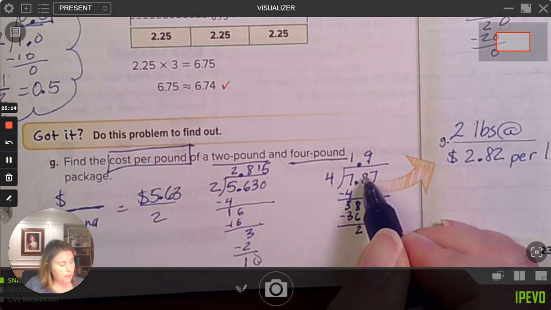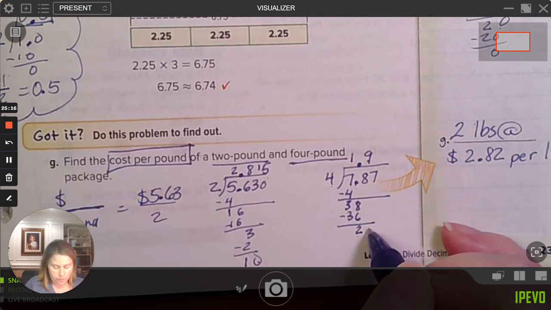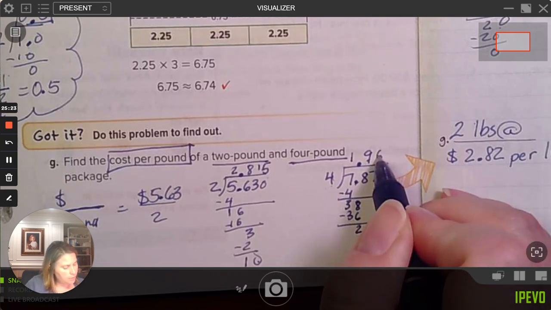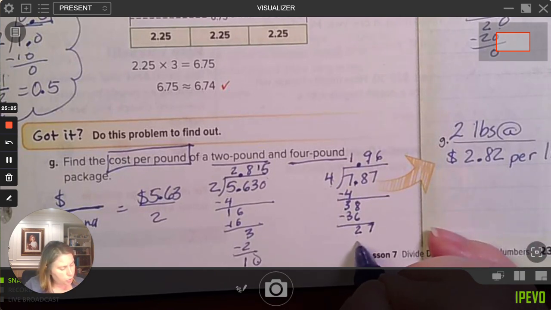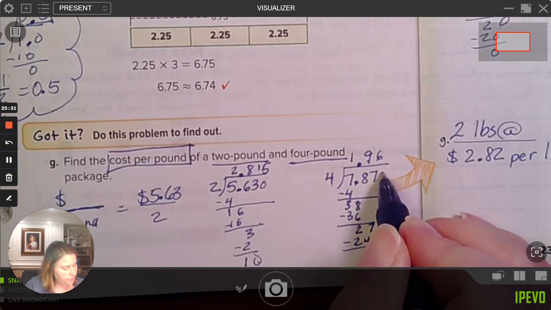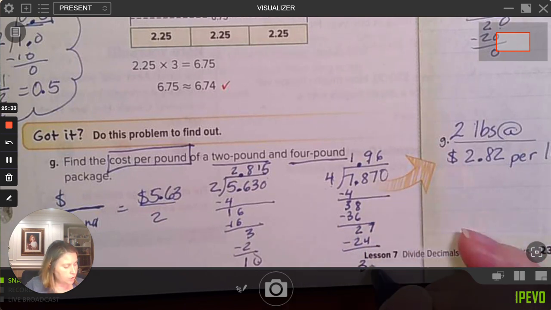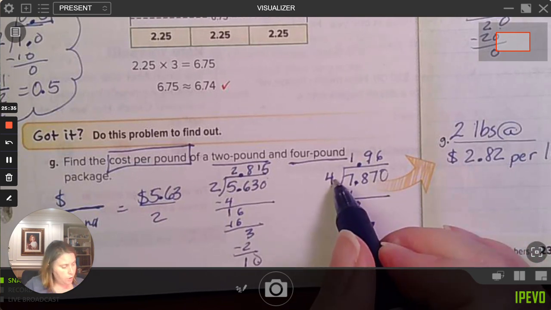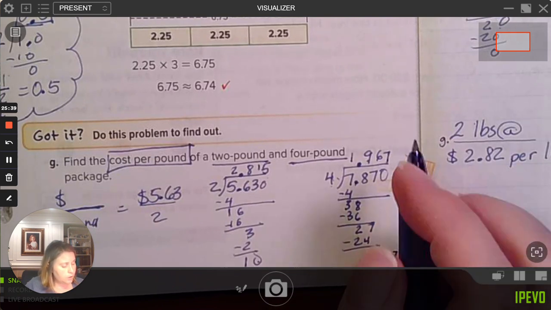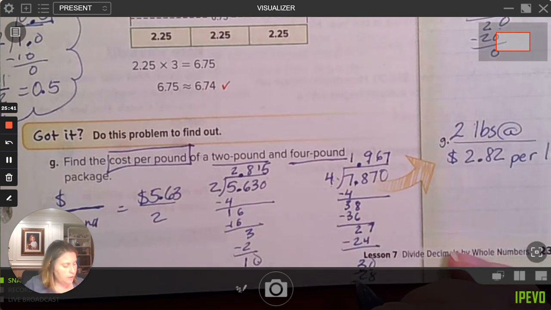We already brought down the 8, so we need to bring down the 7. 4 goes into 27. 6 times 4 is 24. Subtract, and we get 3. Bring down a 0 here. Annex a 0 to bring it down. Okay, and then 4 goes into 30, 7 times, because 7 times 4 is 28. Okay, that gives us 2.